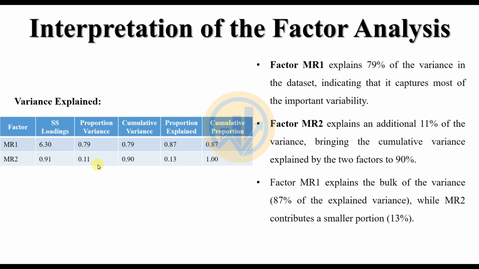MR2 explains an additional 11% of the variation, bringing the variation explained by the two factors to 90%. Factor MR1 explains the bulk of the variation, 87% of the explained variation, while MR2 contributes a smaller portion, 13%.